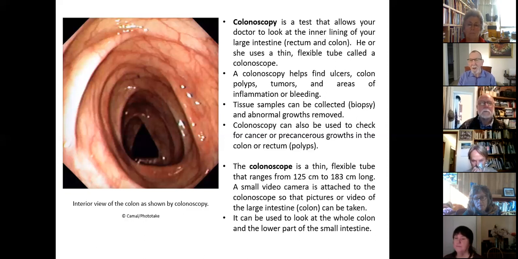So the information that I've gleaned over the period is that, yes, the rectum and the descending colon can be examined. The transverse colon gets a bit tricky.